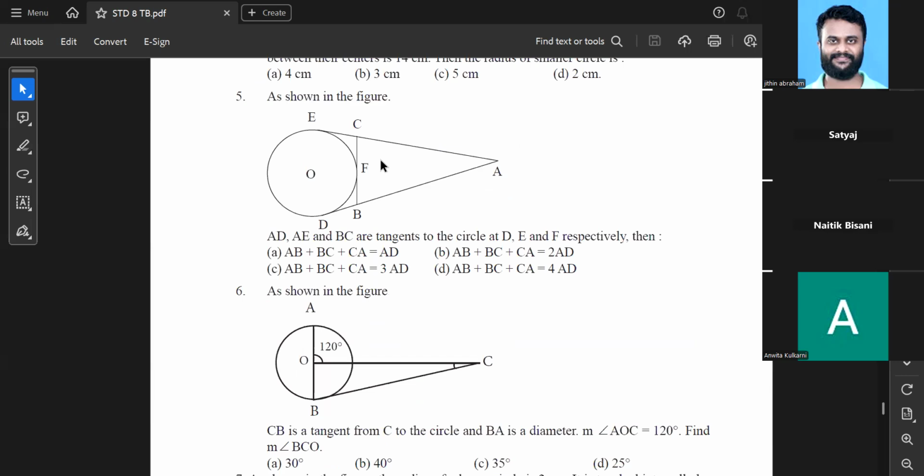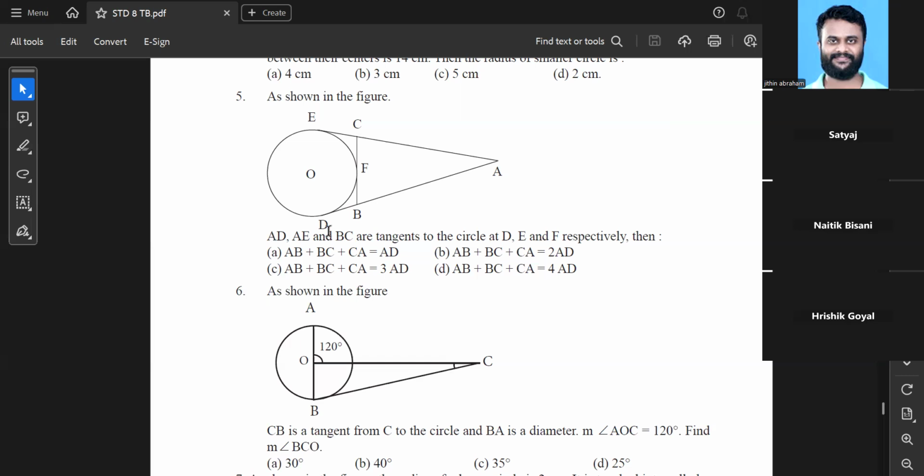As shown in the figure, AD, BC are the tangents to the circle at points D, E, and F respectively. Then AB plus BC plus CA is equal to 2 times AD.